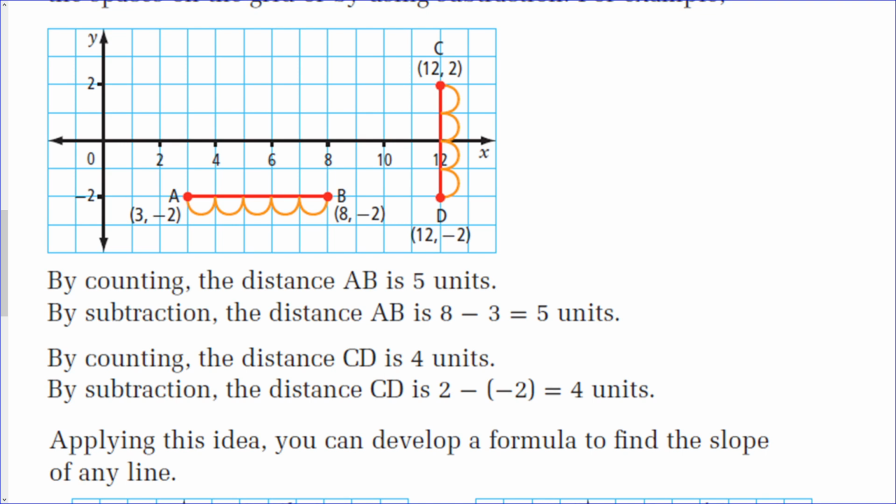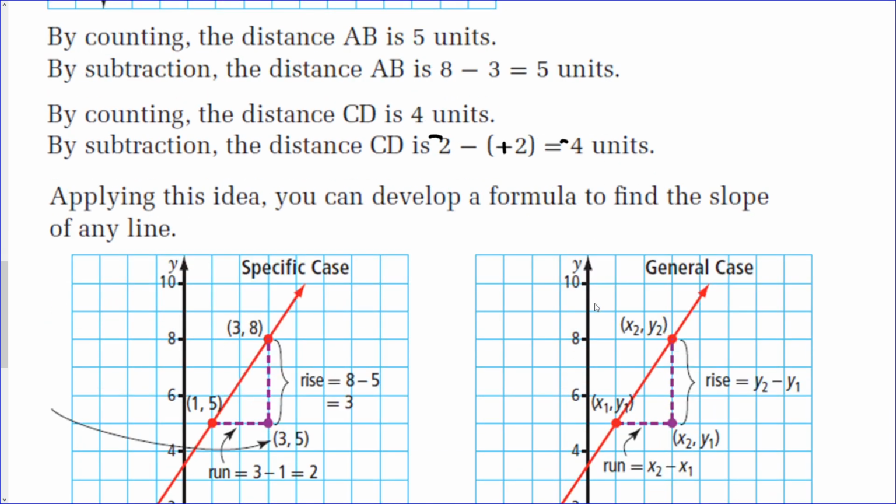So I am going to change that. We don't want to do just the distance, we want to actually do -2 minus +2, which is equal to -4 units. There you go. Fixed it.